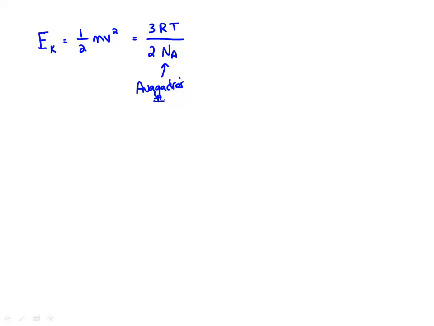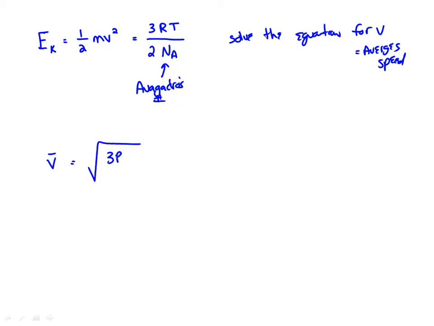And what that allows us to do is we can solve the equation for V, which remember is the average speed. And so V average is simply equal to the square root of 3RT all over m Na. And remember, that's the mass, that's Avogadro's number.